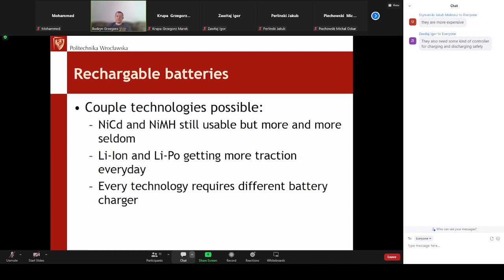The advantage of lithium compared to nickel based batteries: there are two advantages, maybe not even more than two today. So in case of lithium batteries, they are definitely lighter.